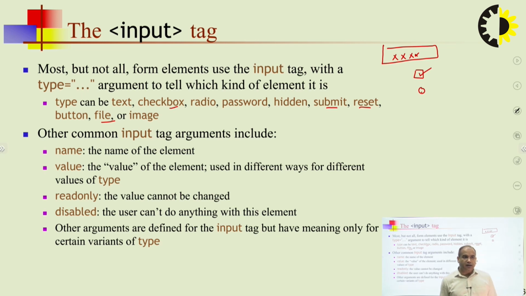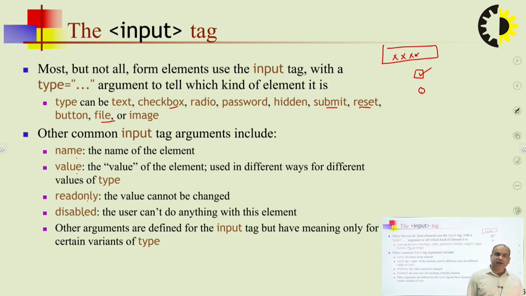Other common input tag arguments include name, value, readonly, disabled, and type. First we talk about name. Name gives the name of that element. Value is the value of the element, used in different ways for different types. Readonly: if we make our field readonly, nothing can be changed by the user at runtime.